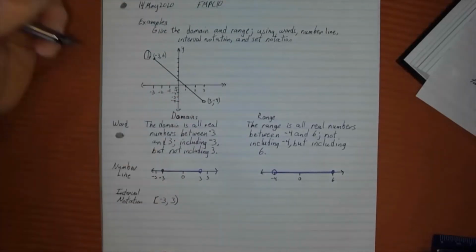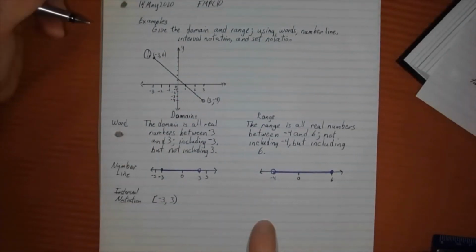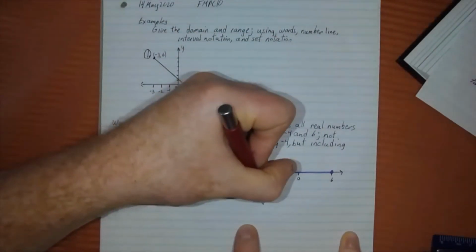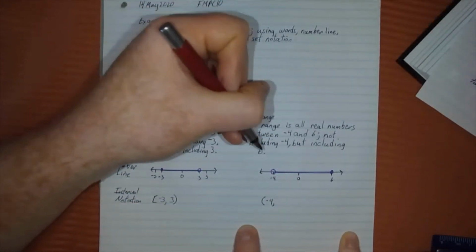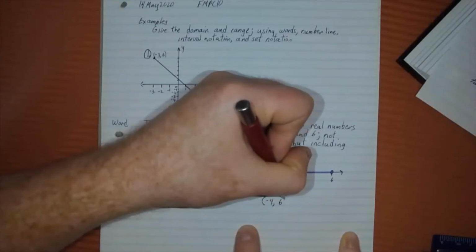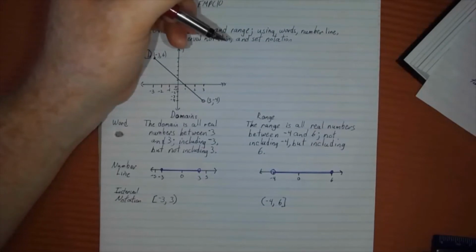An open circle is a parenthesis. The range: an open circle is a parenthesis, -4, 6, closed circle, so 6 square bracket. Hey, that's not so bad, is it?